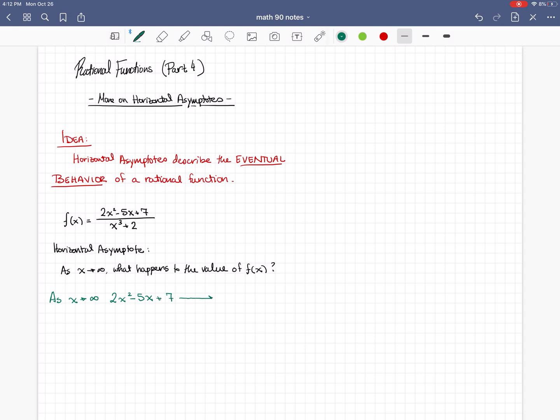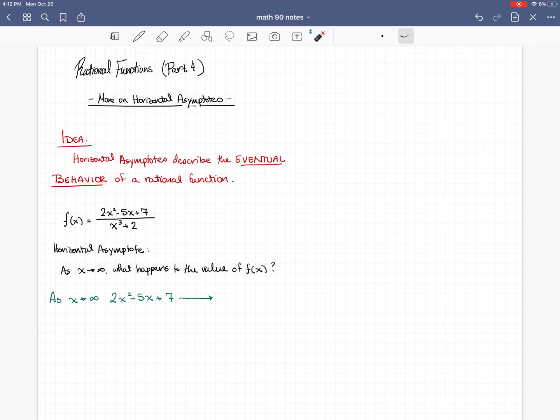Well, we talked about this on one of our Friday sessions. If x is a very large number, it's really believable that the plus 7 makes virtually no discernible difference, right? Imagine if the value of x is, say, 10,000.